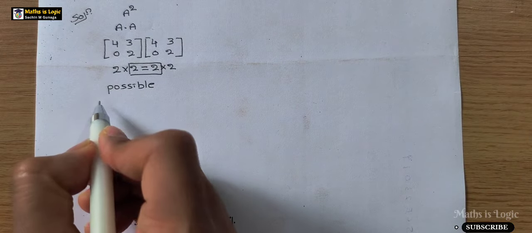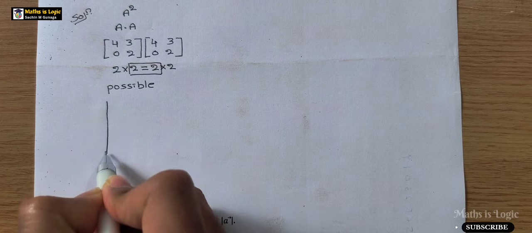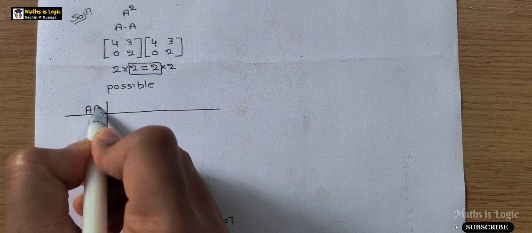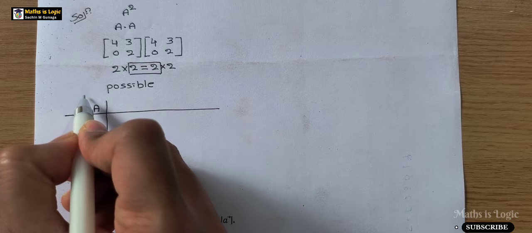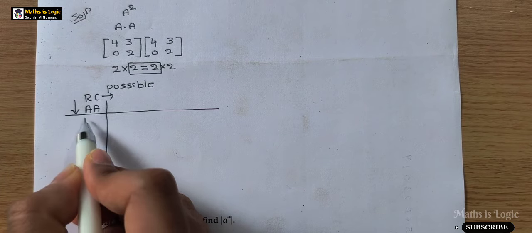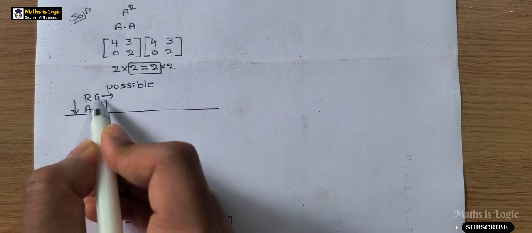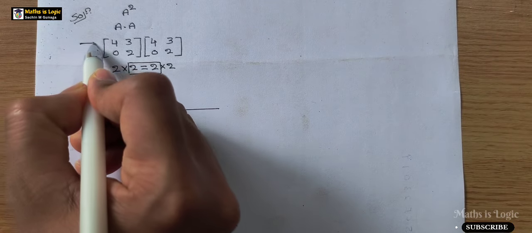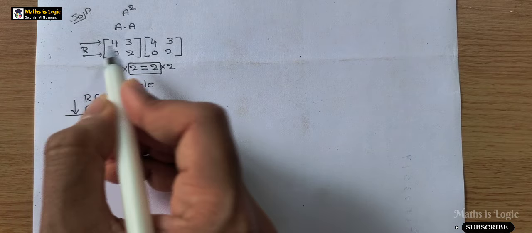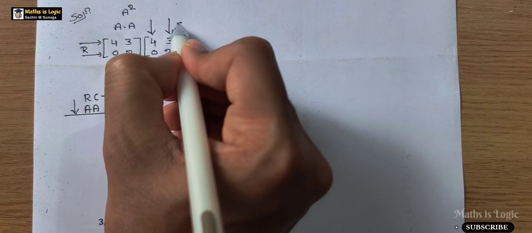Next, to apply matrix multiplication, I'm going to apply the box method. At this corner write A into A, and here rows and here columns. In this part write the A matrix rows, and in this part again the A matrix columns.